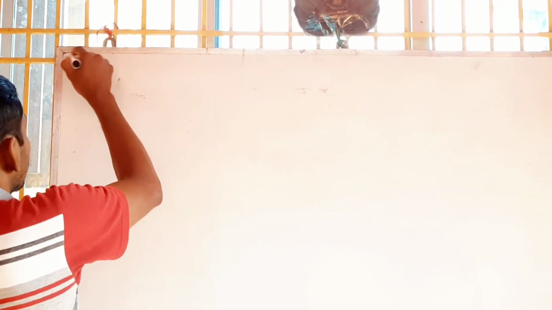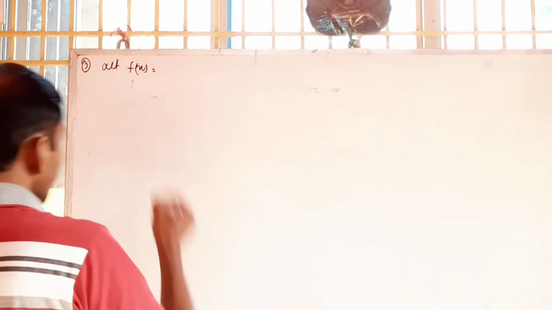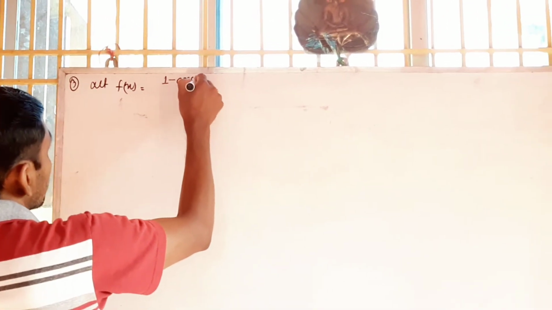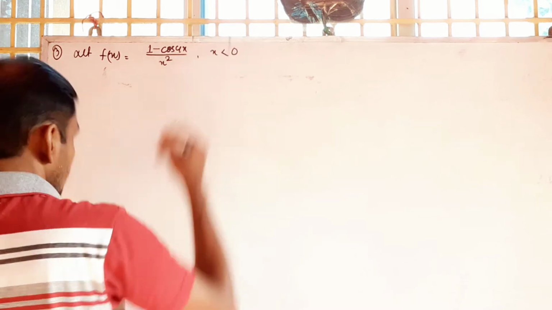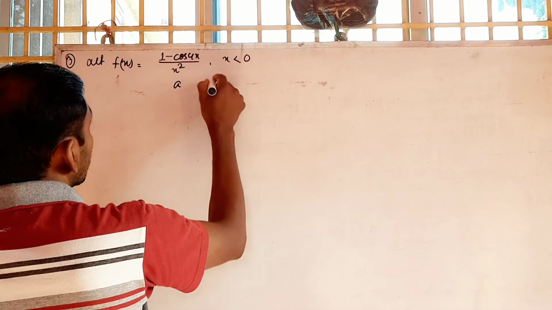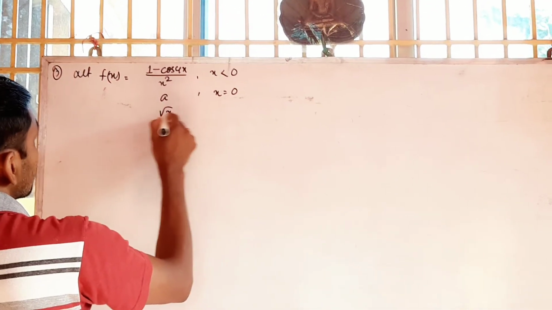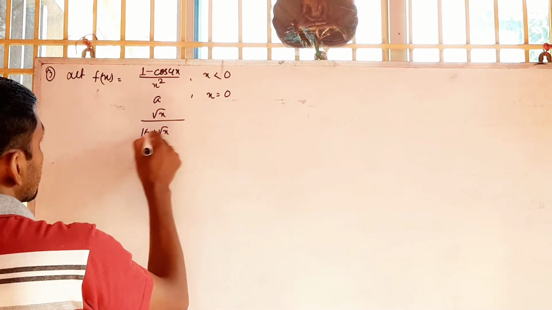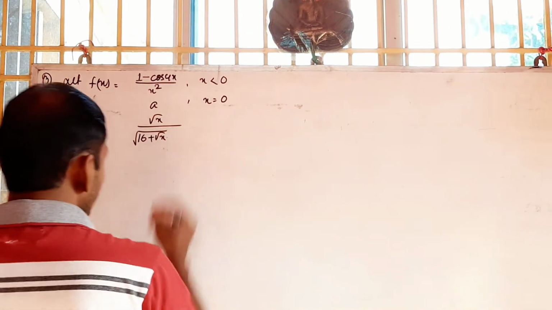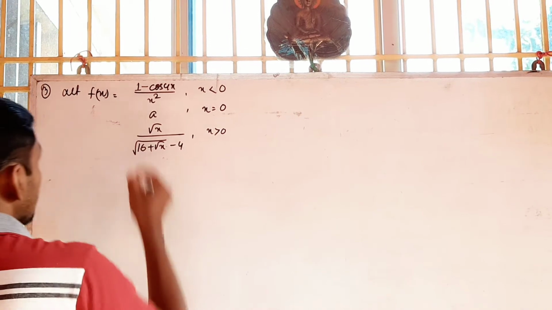Question number 3. Our question is, let f of x equal to 1 minus cos 4x whole divided by x square when x is less than 0, a when x is equal to 0, and square root of x by 16 plus root x whole root over minus 4 when x is greater than 0.